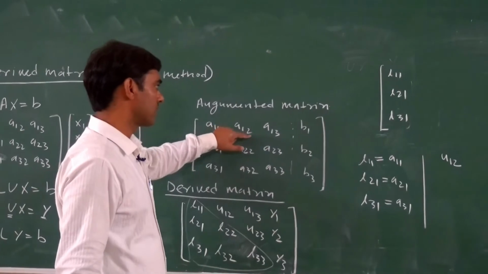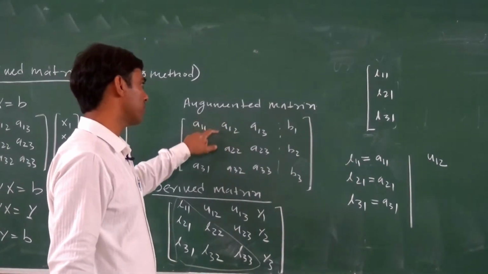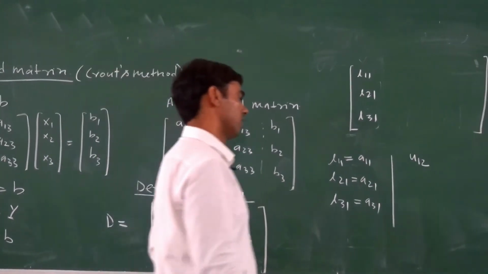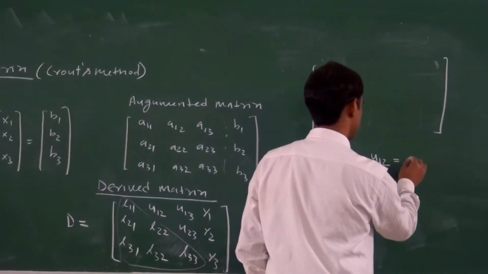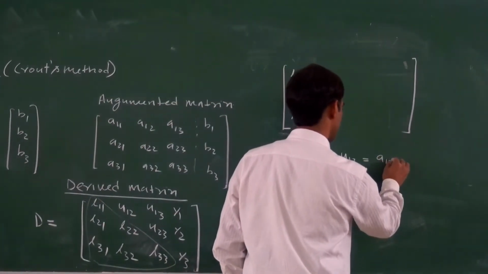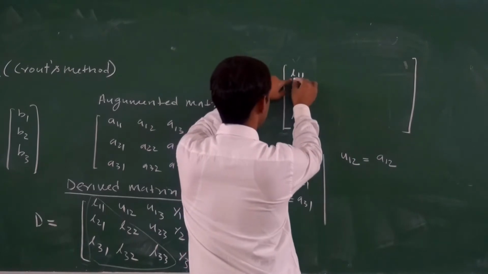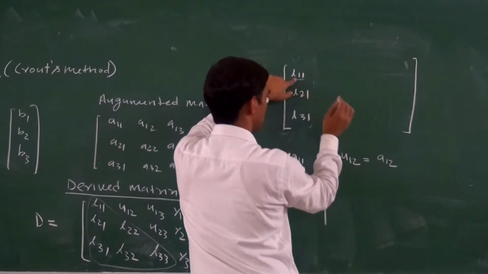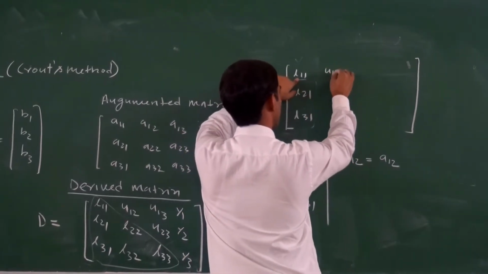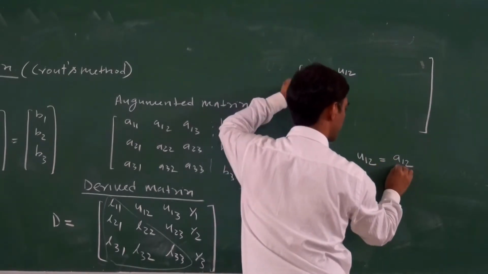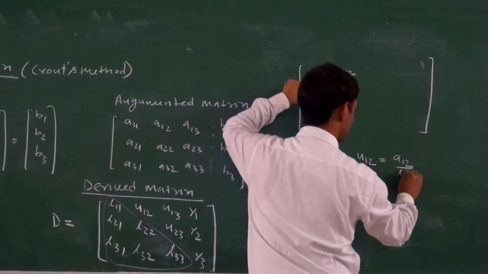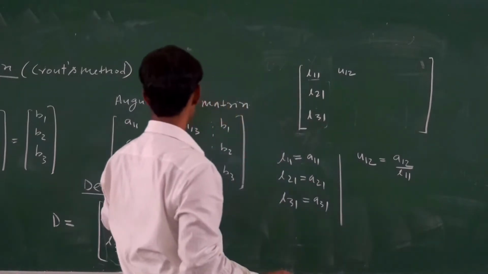Write the corresponding element of the augmented matrix. What is the corresponding element of the augmented matrix? A12, then divided by this one. Then we find the value of U12. U12 is A12 divided by L11.